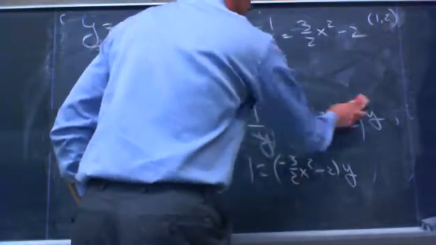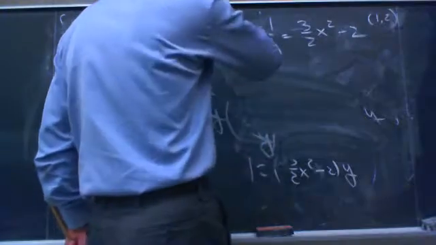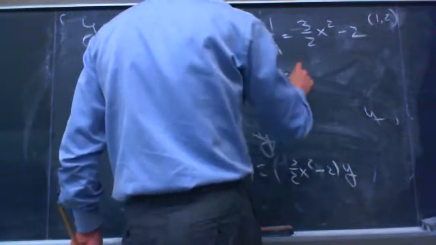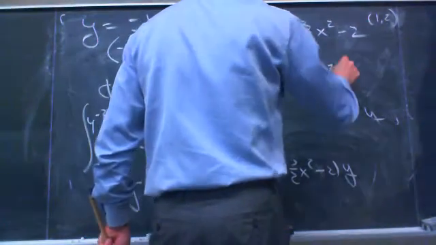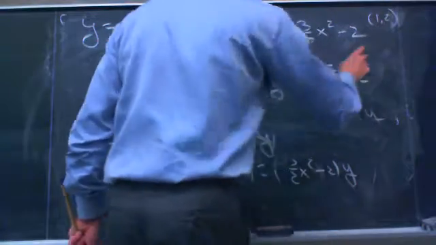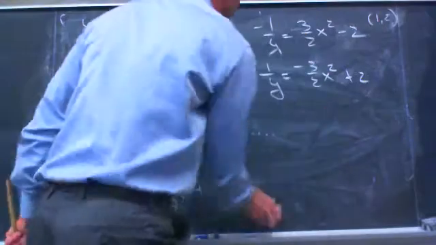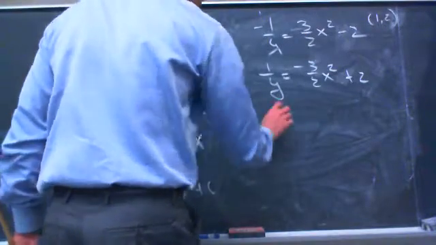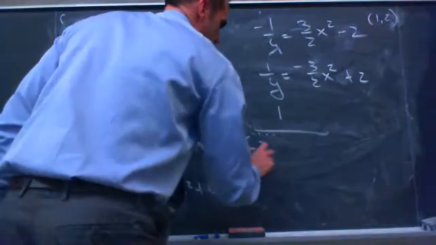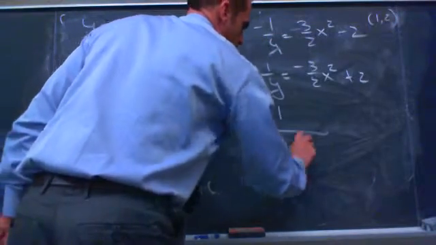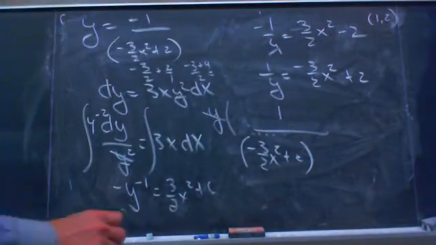Okay. Divide the negative out, and I get 1 over y is negative 3/2 x squared plus 2. Multiply each side by y, and then divide, and I would get 1 over negative 3/2 x squared plus 2 is equal to y, so no negative.